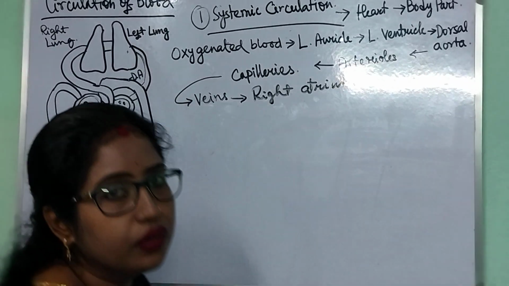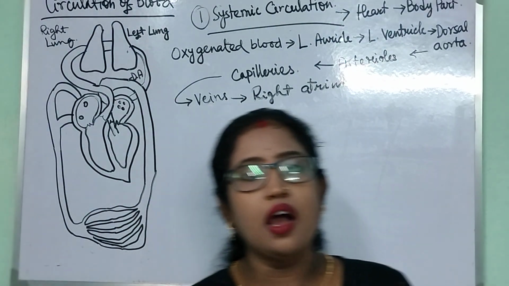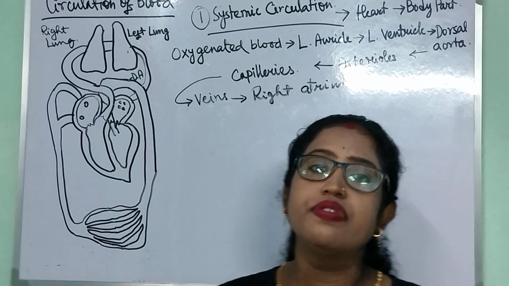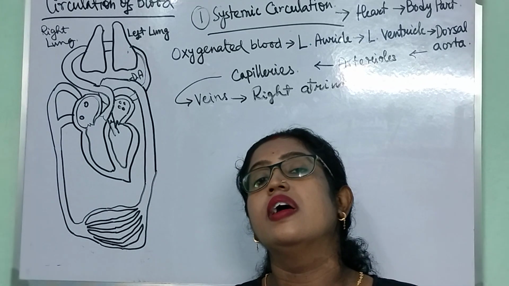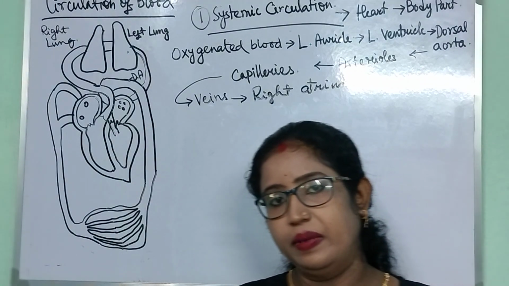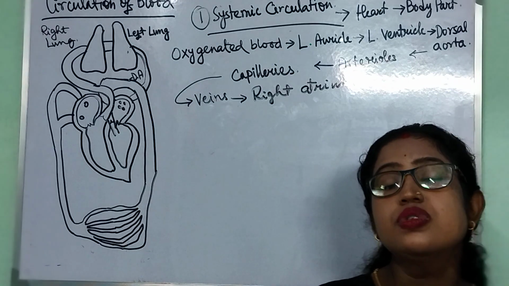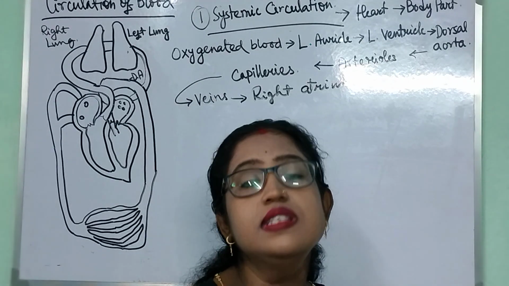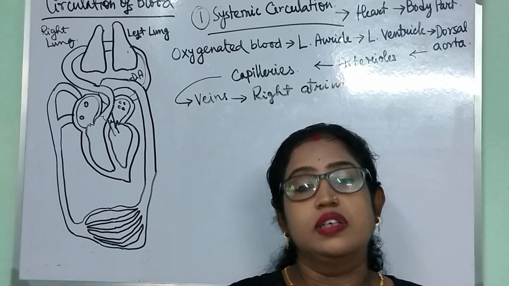Then dorsal aorta branched off into many arterioles, and then arterioles also branched off into many capillaries in the tissues, and the oxygen diffuses out from the capillaries to tissues, and the carbon dioxide that is produced in the tissues or cells diffuses back into the capillaries.